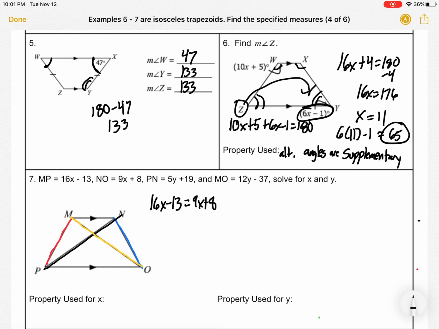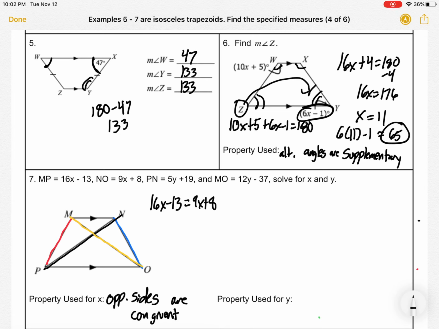Nine x plus 8. So how do you know that those are the same? Because on this, you would know that opposite, those are sides. And then if you make them equal each other, you know that they have to be congruent.